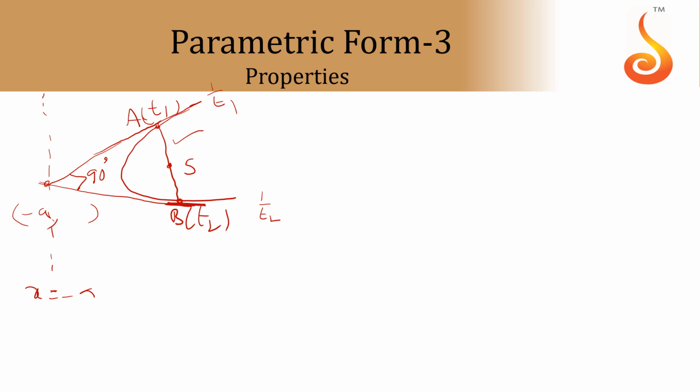See, all these things we can easily understand by using parametric forms. Now suppose, what is the slope of the tangent at t2? 1 by t2. Then what is the slope of the normal at t2? Minus t2.